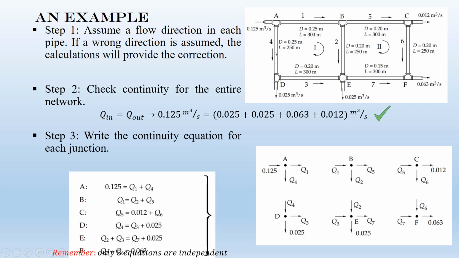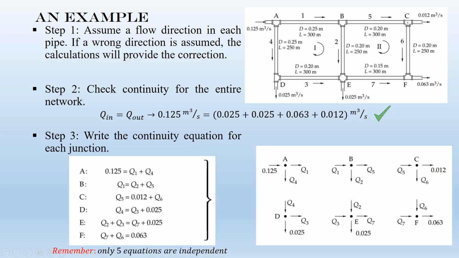Or for example, for junction, let's say C, you can write Q5 equals to 0.012 plus Q6, correct? Just write all continuity equations. So we have 6 equations. Keep in your mind that 5 of these equations are independent, n minus 1.